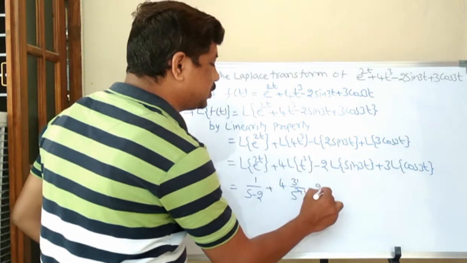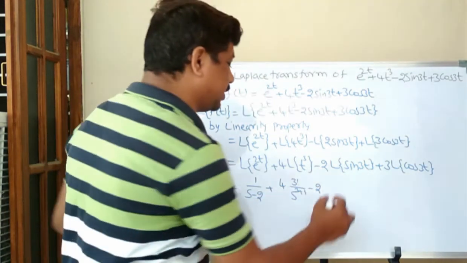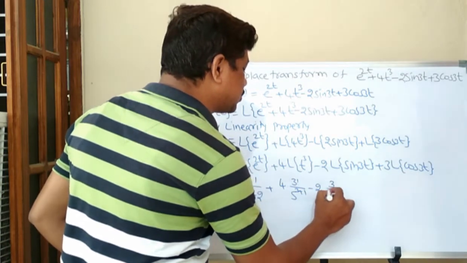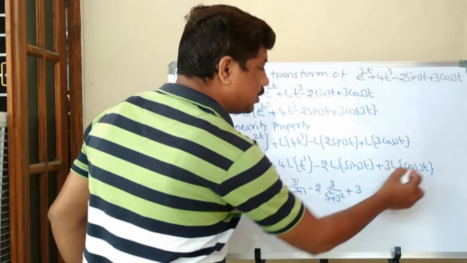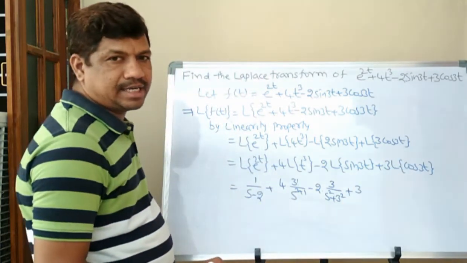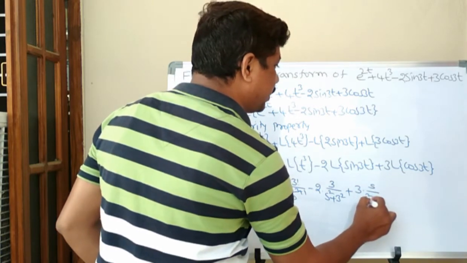Minus 2 into sin at. Sin at means a by s square plus a square, that is 3 by s square plus 3 square, plus 3 into Laplace of cos at. Cos at means s by s square plus a square, that is s by s square plus 3 square.